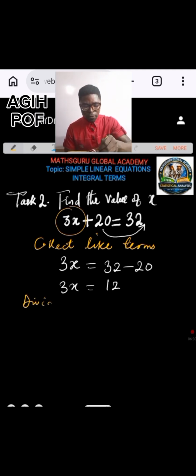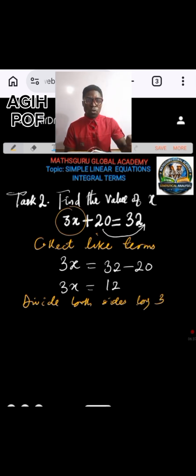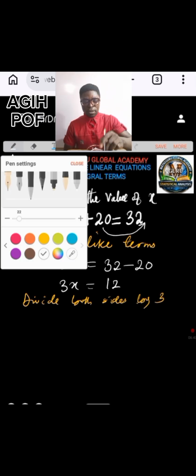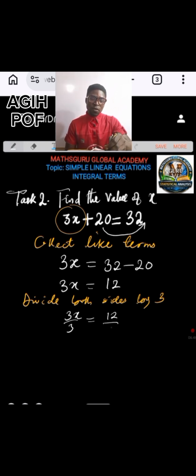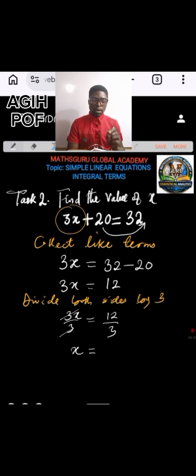Divide both sides by 3, which is the coefficient of x. This will give us 3x over 3 to be equal to 12 over 3. And 3 can go with 3, 1x, written as x. Then 3 in 12 will give 4. So this is the value of x.